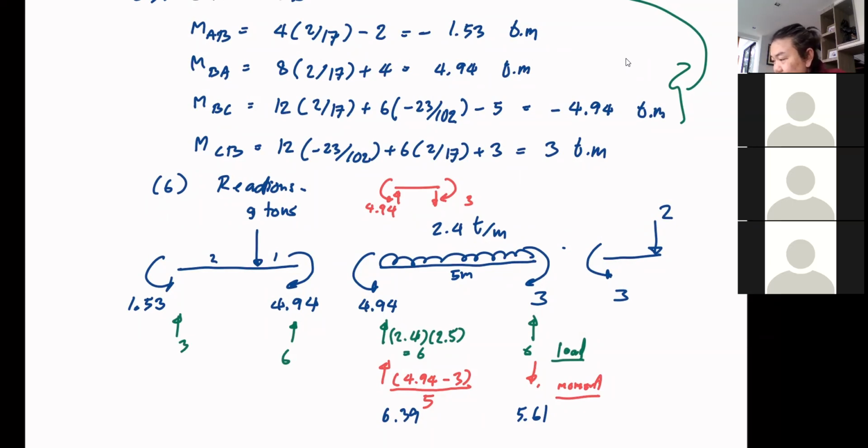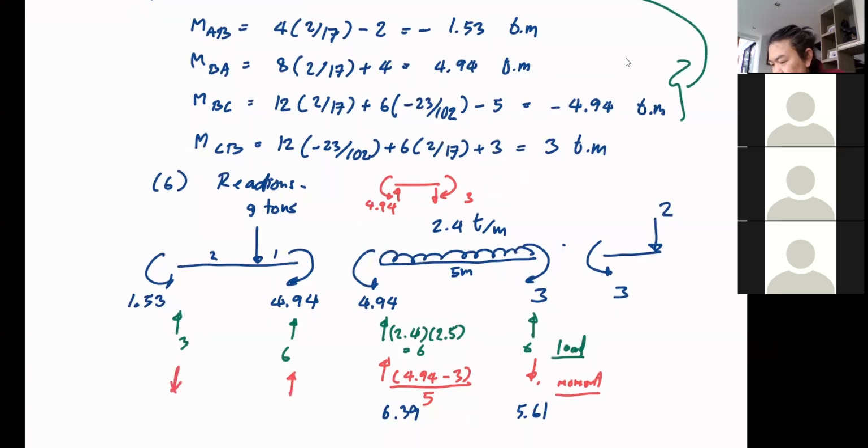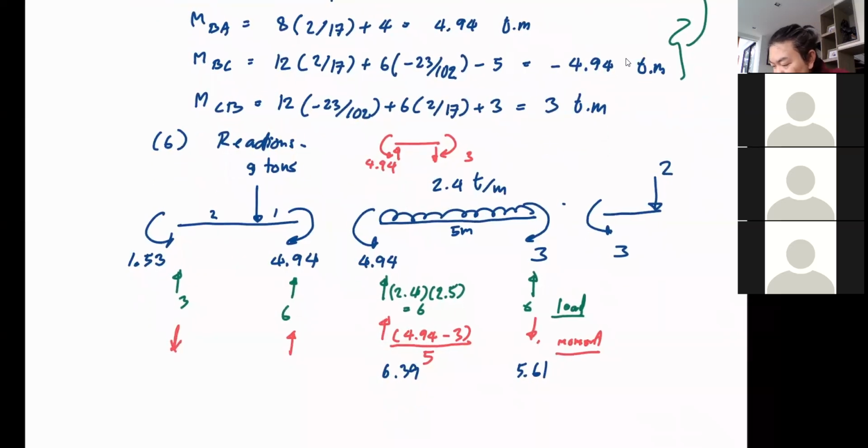And then for the reaction due to moment, because 4.94 is greater than this, you need a couple that goes up in this direction and then down in that direction. And the magnitude is, of course, 4.94 minus 1.53 divided by the length, which is 3.